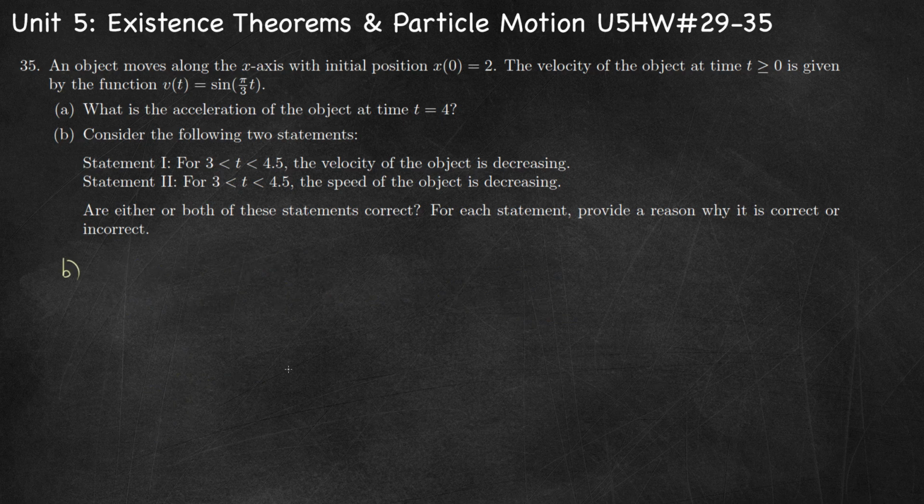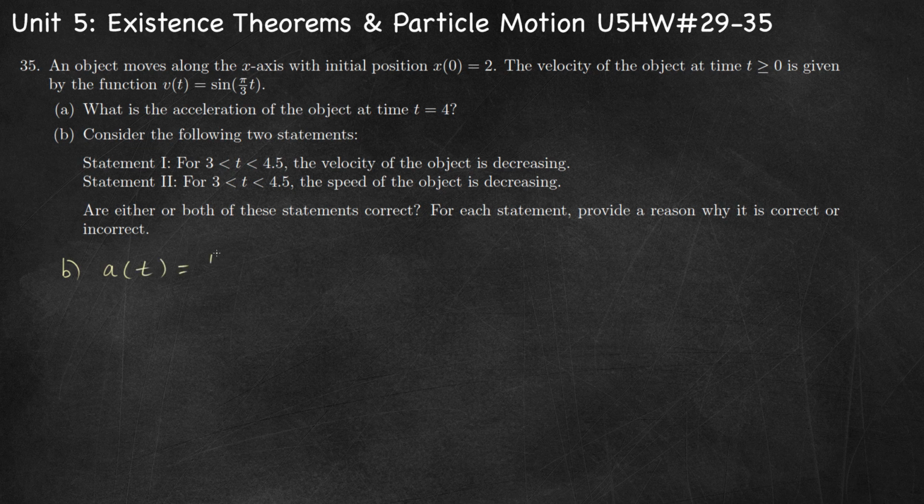Statement 1 is asking us about the velocity. Well, we could try and work with the velocity. We could try and work with the acceleration. If we want to know when the velocity is decreasing, that would be when the acceleration is negative. So let's look at our acceleration equation again.